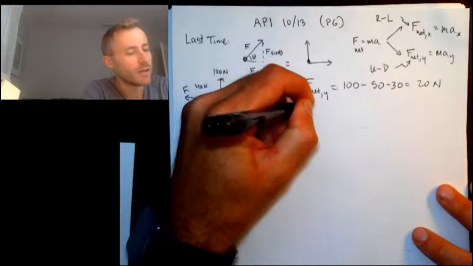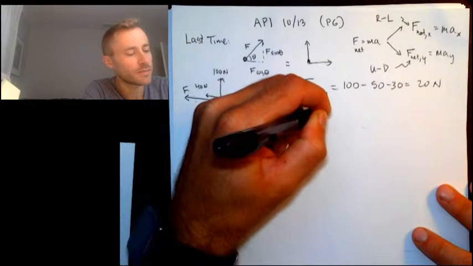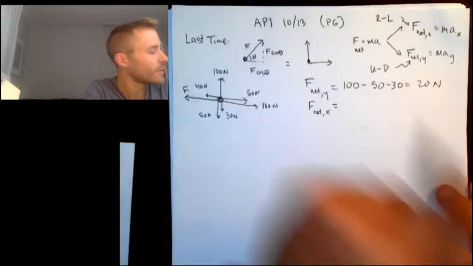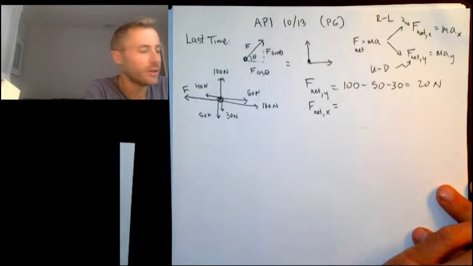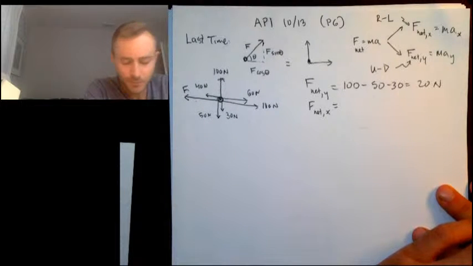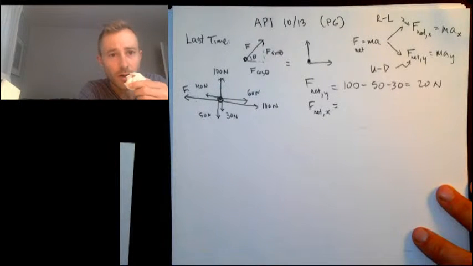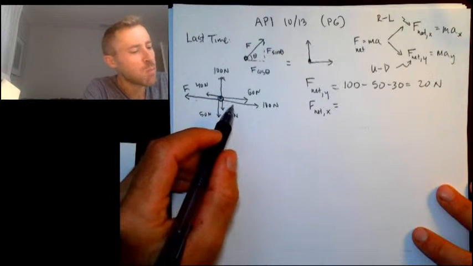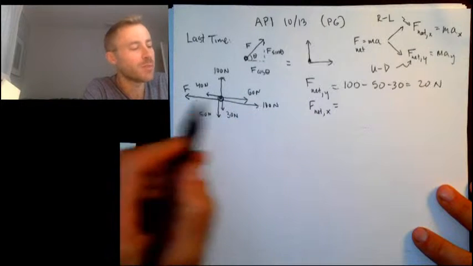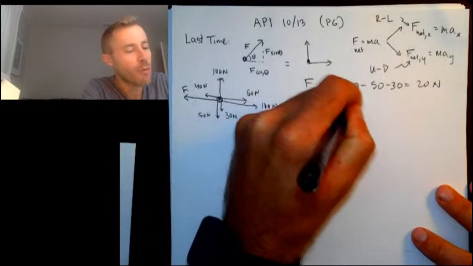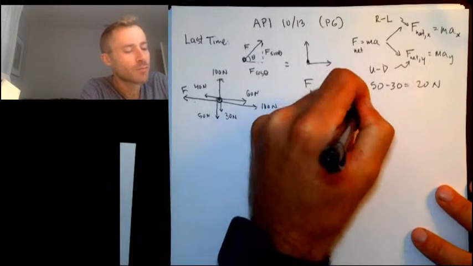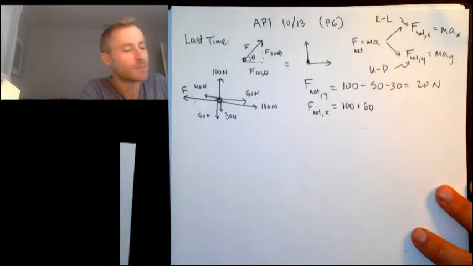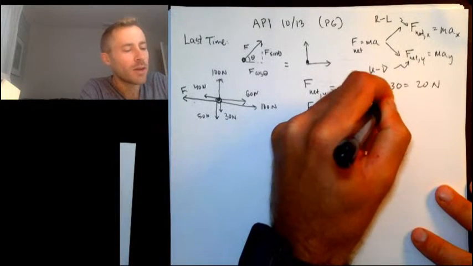And then the net force in the x direction is going to be equal to right forces minus left forces. So 100 plus 60 minus 40.